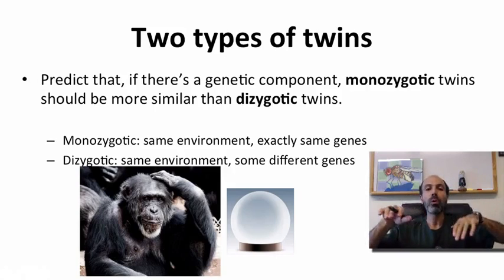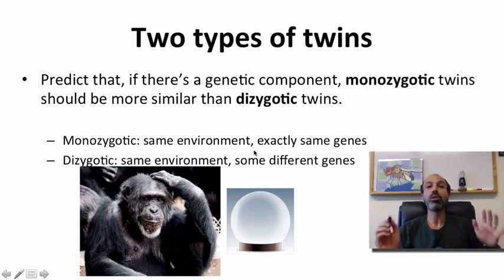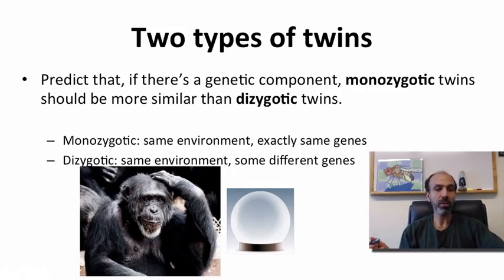Dizygotic might be a little bit more different because the dizygotic twins don't have exactly the same genotype. They have some different genes, whereas the monozygotic have exactly the same genes. And we're assuming these twins are basically reared in the same environment or close enough. There's no particular difference. If you're having kids, whether monozygotic twins or dizygotic twins, you probably don't treat them any differently. You treat them the same because they're your kids.